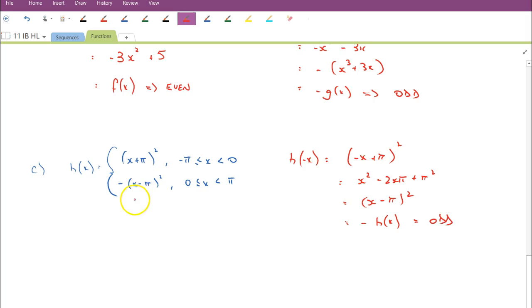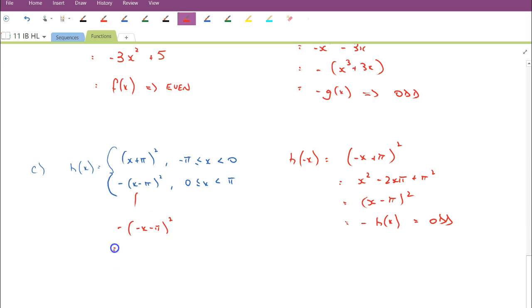If I'd started with this one down here, if I'd punched in minus x there, I'd have got minus x minus pi there, beg your pardon. So the minus x goes in there, and we put in a minus pi, we square it.